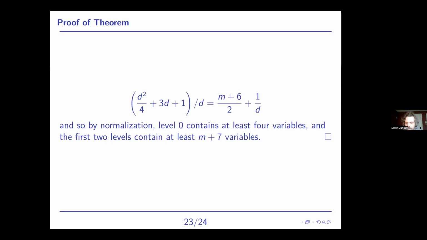And that the first 2 levels contain at least 2 times as many variables. And so it contains at least m plus 7 variables. And you'll note that that covers all the possible distributions of variables in the first 2 levels that were given to us by those four lemmas.